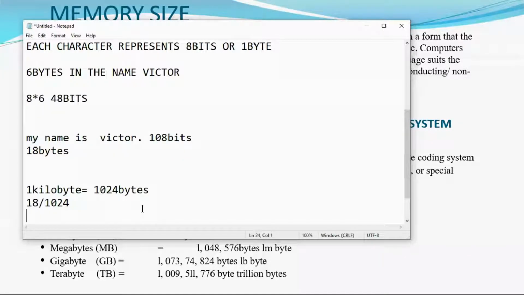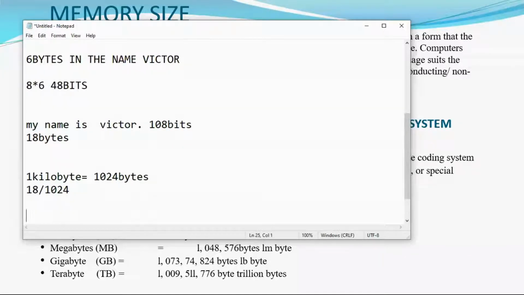Of course, if we can get relationships between the kilobyte and the bytes, we can also get the relationship for 1 megabyte. Adrian, I don't know what you're saying there. Okay, we also have a relationship between 1 megabyte in terms of kilobytes.